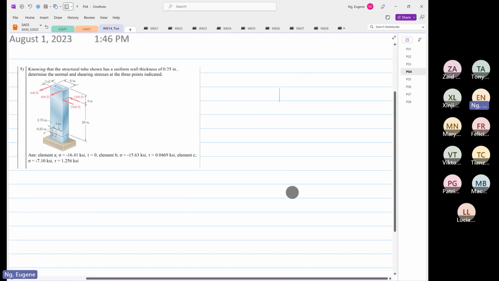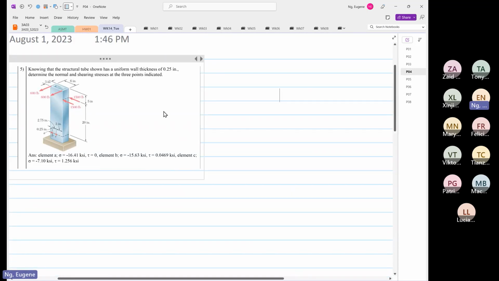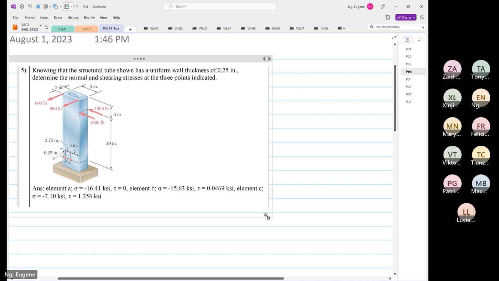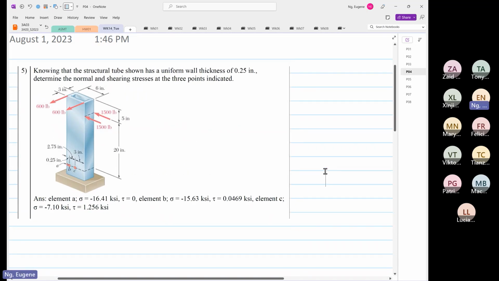Okay, so we are going to find the stresses at element A, the 3 points, element A, B, and C. The first thing of all, when you have any of these questions, you have to verify what we are looking at.